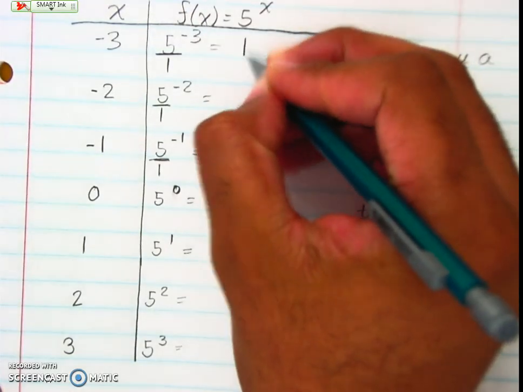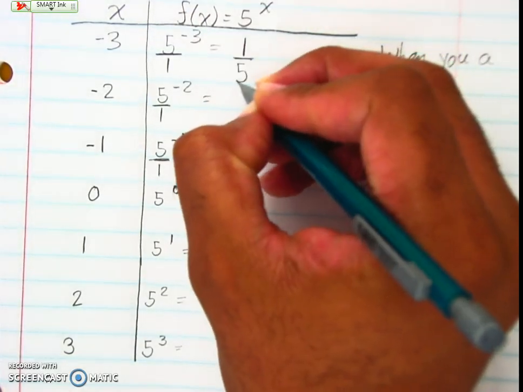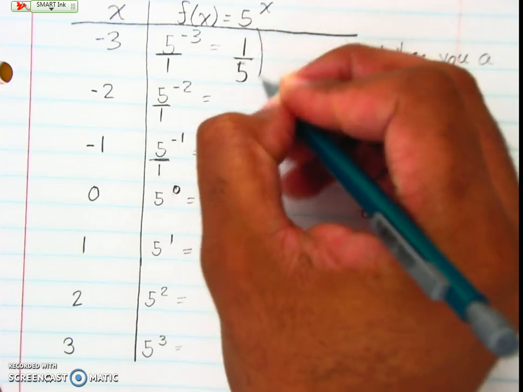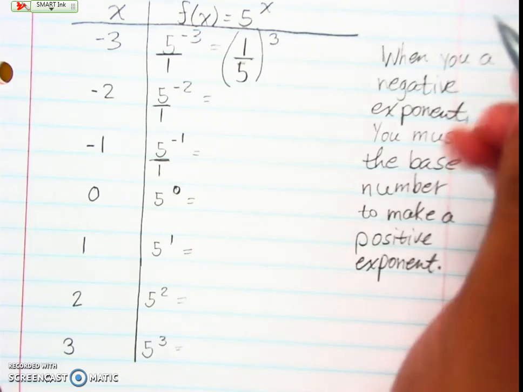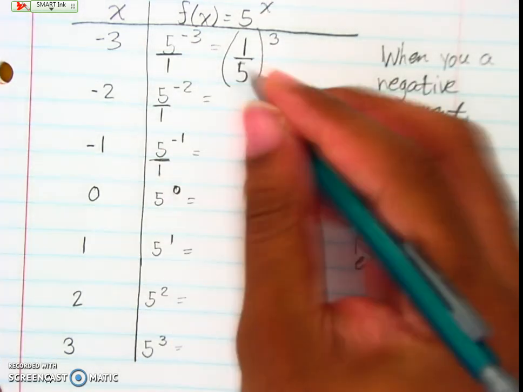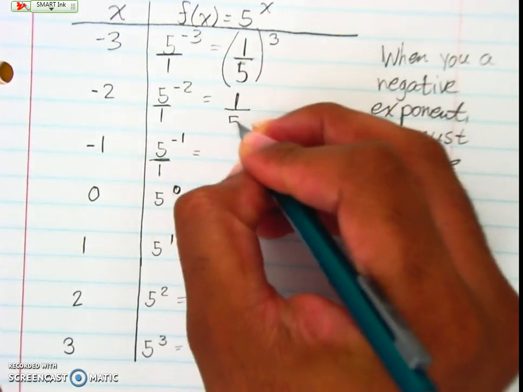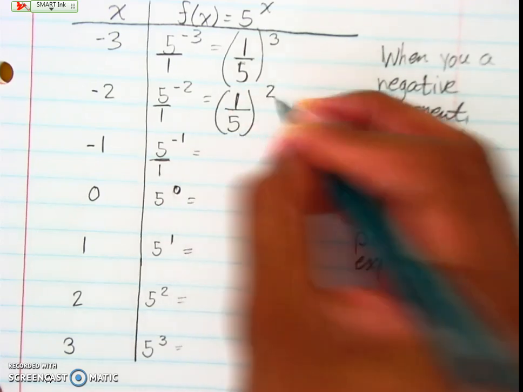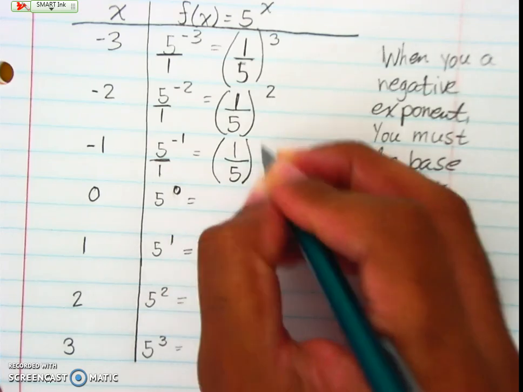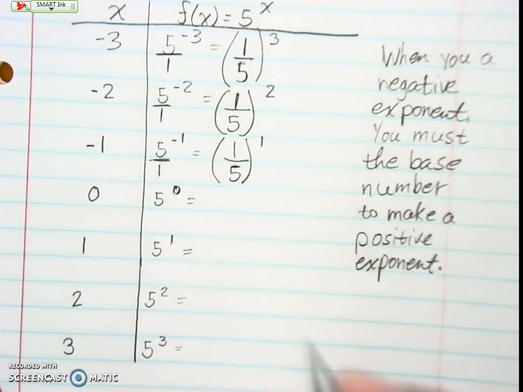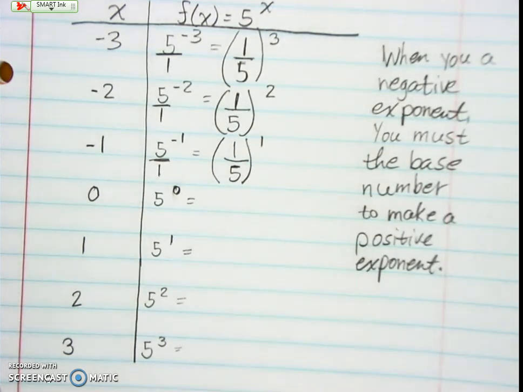We flip this to make it 1 over 5, and all of this is raised to the 3rd power. We flip this one, 1 over 5 to the second power. Again, 1 over 5 to the first power. That always makes it a positive exponent. You always flip it to make it positive.